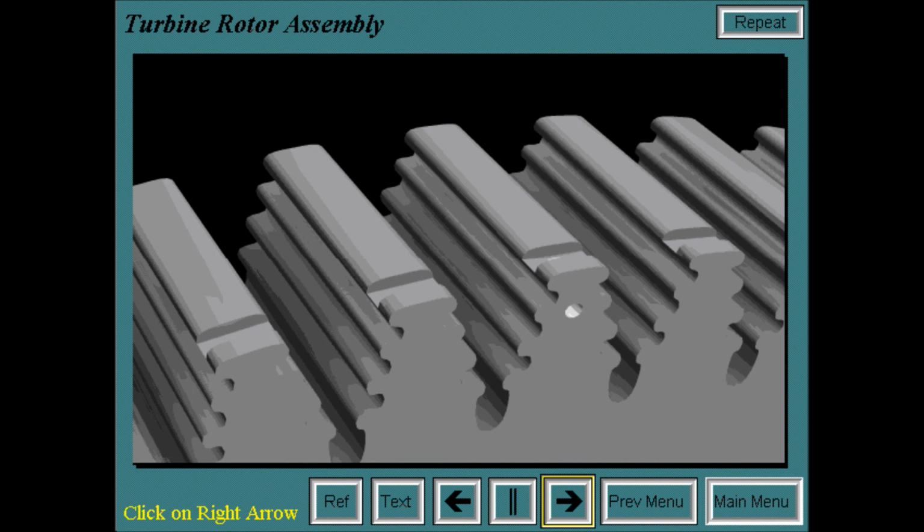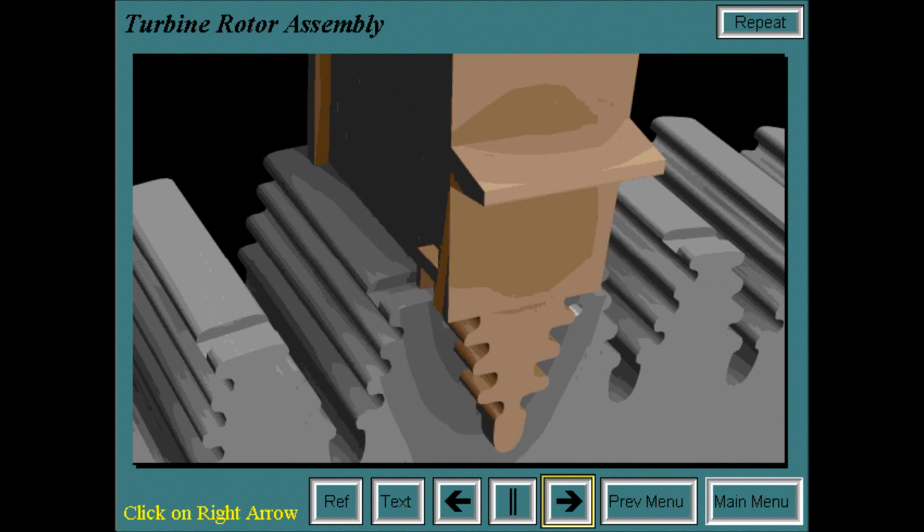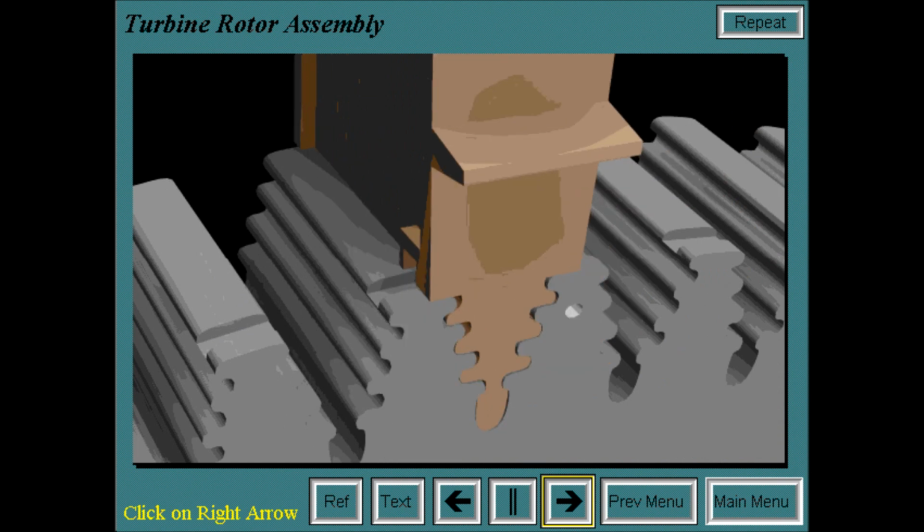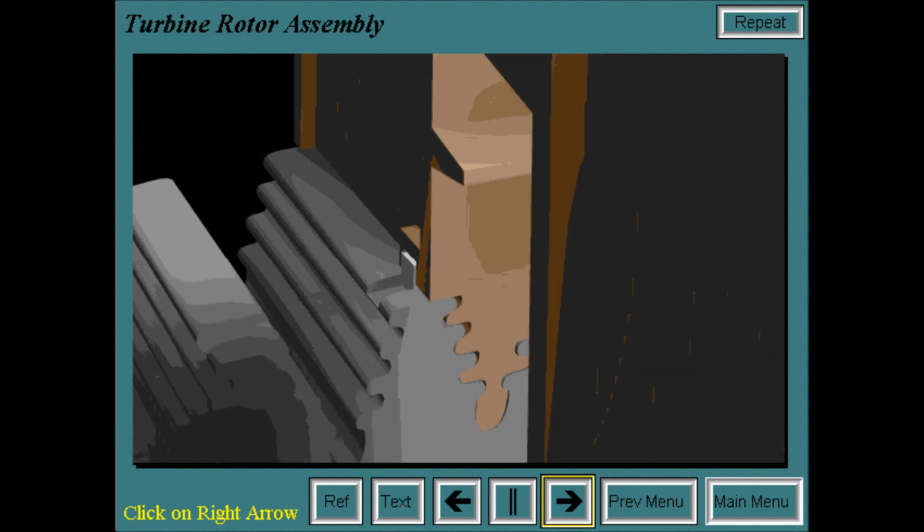The first step of the assembly of installing the first stage buckets to the turbine wheel is to insert the radial locking pin into the locking bucket dovetail. The first bucket is installed in the counterclockwise adjoining dovetail slot and is held in place with a D key.